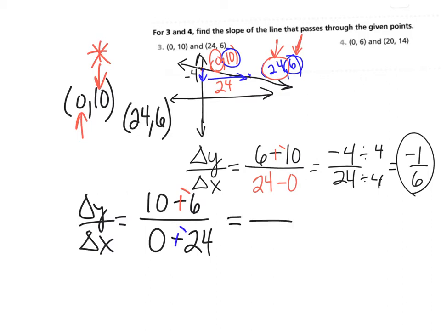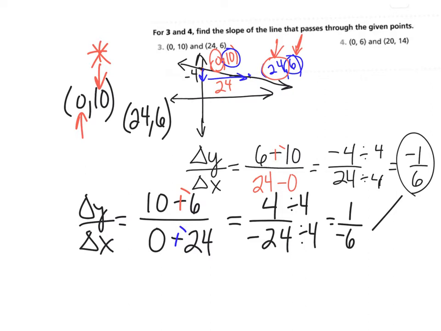You don't have to in the numerator. Obviously, 10 minus 6 is 4, but autopilot might have you add the opposite anyway. 10 plus negative 6 is 4. 0 plus negative 24 is negative 24. And then if you reduce, you get 1 over negative 6, which is the same as negative 1/6.